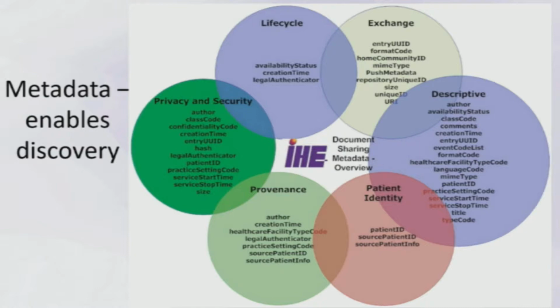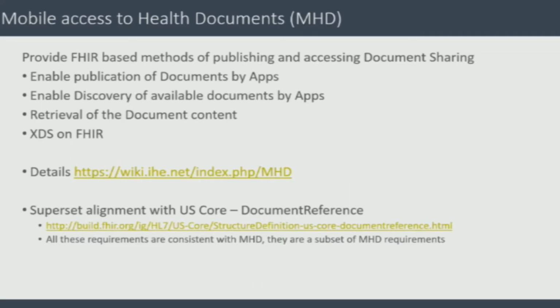All of this is well documented within IHE, but there are a bunch of different reasons why you would need metadata. So that is document sharing 101. We now have document sharing. There's a bunch of these that are nationwide environments in the US, in various other countries, in Canada, in Europe.